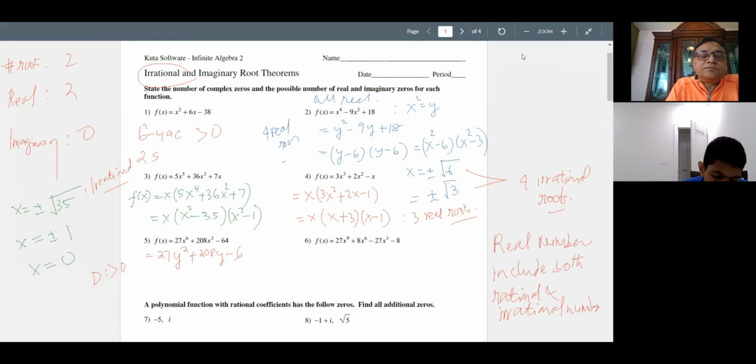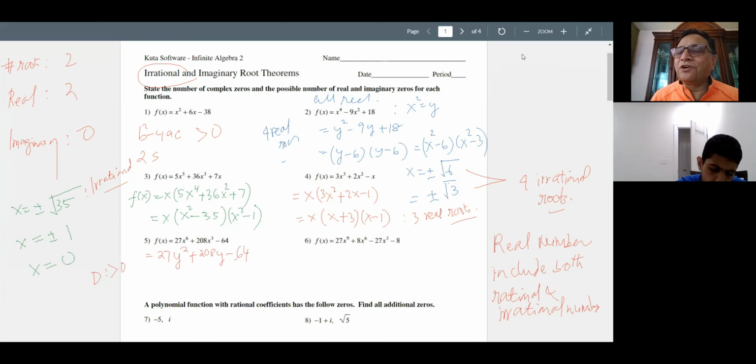Yeah, the discriminant is greater than 0. What is the value and how can you find the roots? 27 into 64, so we find sum and product. But 64, right? Not 6. Okay. Can you factor this?